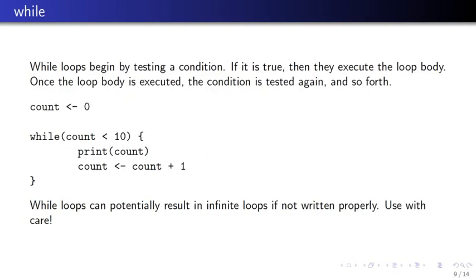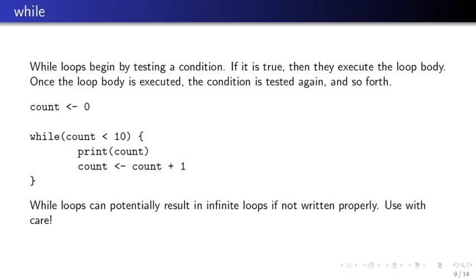So the while loop is the other major looping construct in R, and the basic idea is that the while takes a logical expression and will execute the loop based on the value of that logical expression. So for example, I've got a very simple loop here. It initializes a count variable equal to 0, and then while that count is less than 10, it prints out the count and then increments the count by 1.